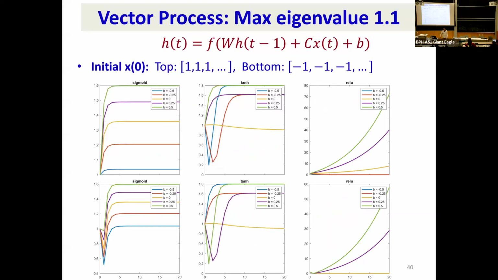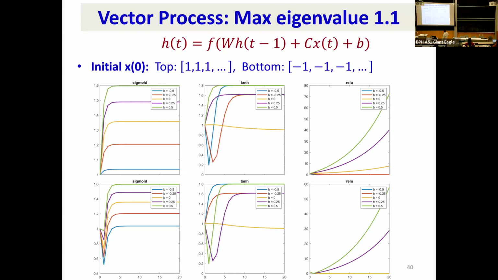Now maybe things are different when you actually consider vectors instead of scalars. So let's go and check. You find exactly the same behavior. In these plots, the vertical axes are slightly messed up. The two rows show the responses for two different x zeros.